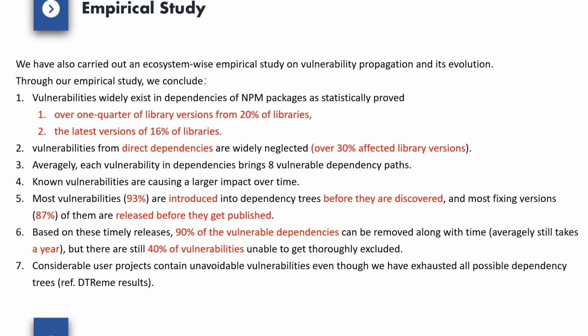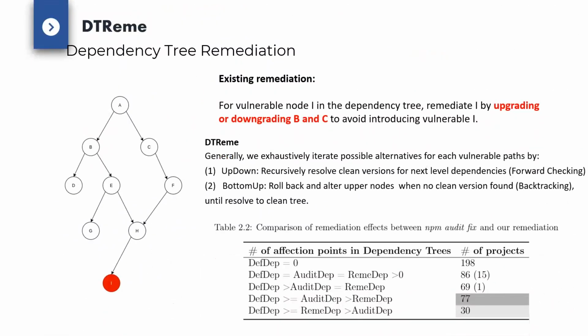Based on our findings, we have also proposed an application, DT-REAM, to remediate vulnerabilities within user dependency trees by integrating forward checking and backtracking during the process of dependency tree resolution.